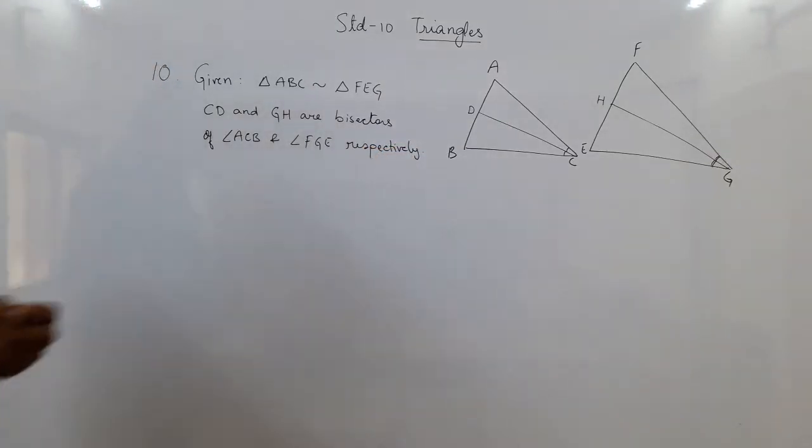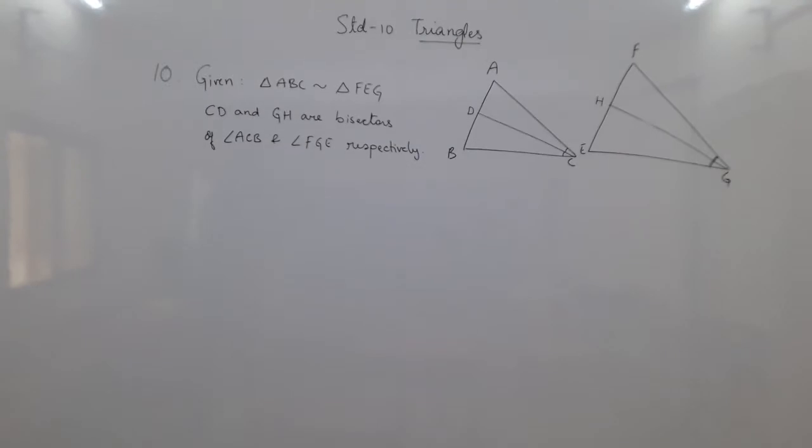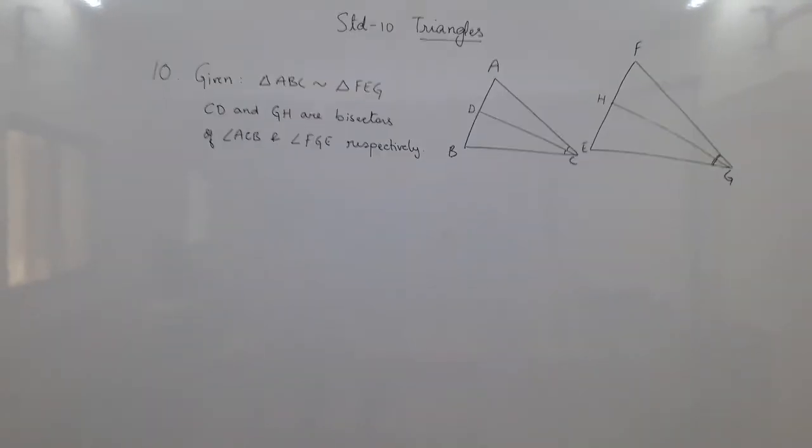Okay, is it clear? So this is what is given to us so far. And we have points D and H lie on sides AB and FE. So that way the diagram is drawn.